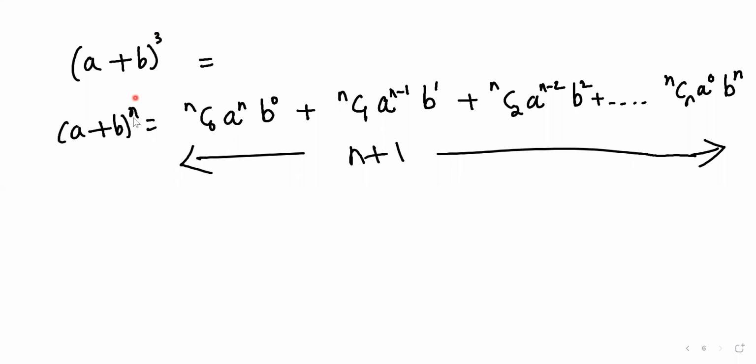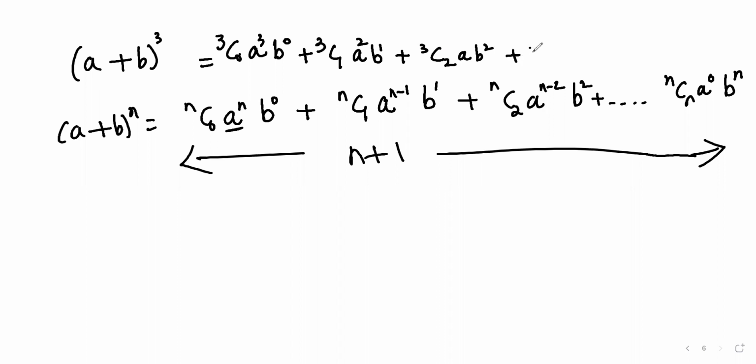So when we employ the same thing here, what is my n? It is 3. So n is 3. When n is 3, I'll put in place of n: 3C0 a^3 b^0, plus 3C1 a^(3-1) b^1, keep on decreasing the powers of a and increasing the powers of b, plus 3C2 a^1 b^2, plus 3C3.